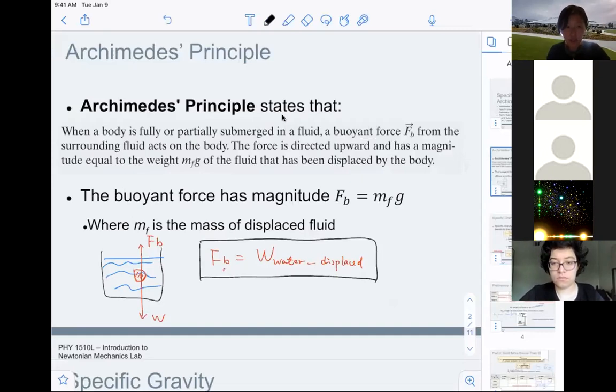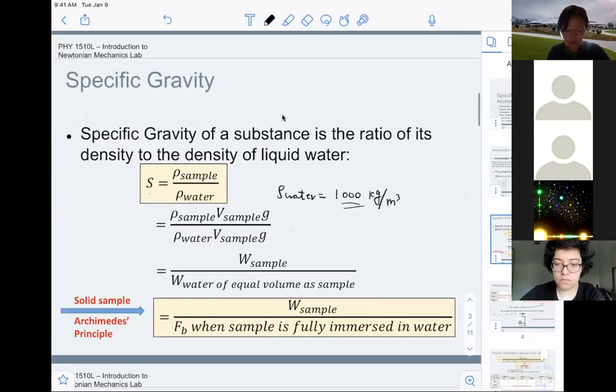So how could Archimedes' principle help us calculate specific gravity? Well, we can do a little more play on this density here. So here we're saying S is rho of the sample divided by the rho of the water. That's the density.